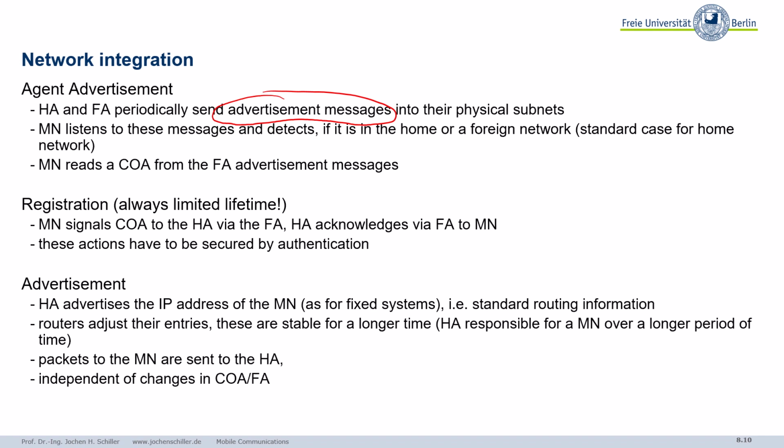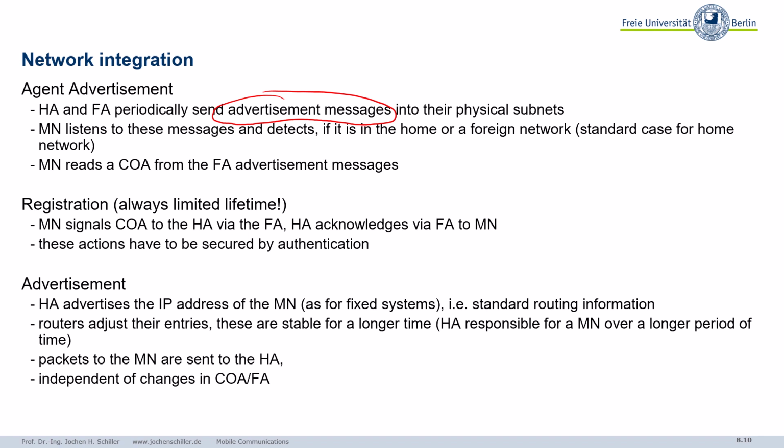And after that, the home agent knows where the mobile node is and can advertise the IP address of the mobile node. That's the same as in fixed systems, so that's now the normal routing. So you can adjust entries in routers, and these entries are stable for a longer time because this is a more or less permanent IP address for the mobile node, no matter where the mobile node is.